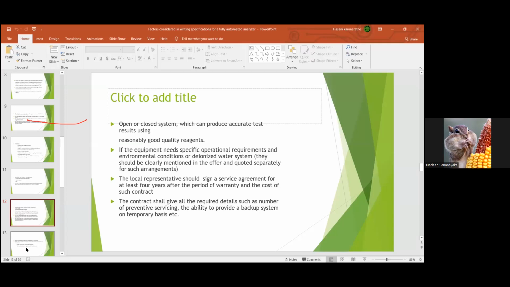The local representative should sign a service agreement for at least 4 years after the period of warranty, and the cost for such a contract should be mentioned. The contract shall give all the required details such as the number of preventive services, and the ability to provide a backup system on a temporary basis.